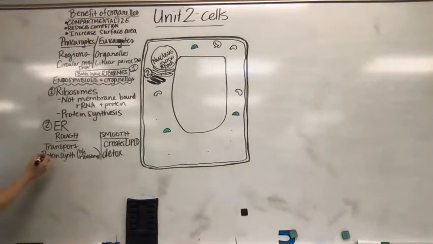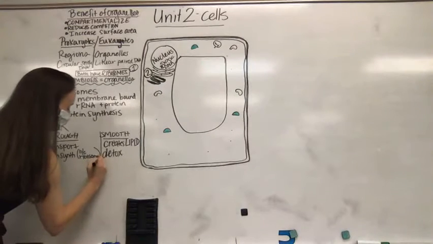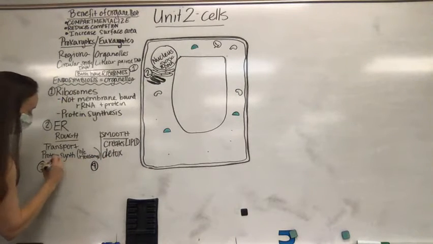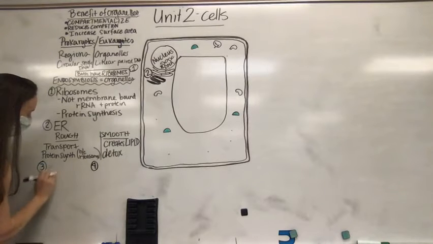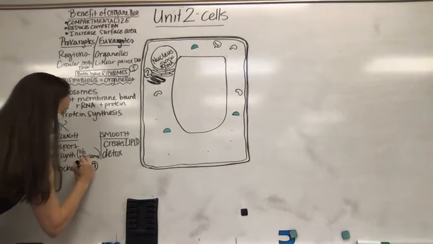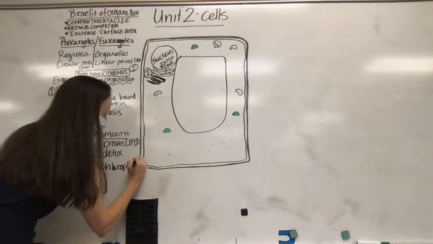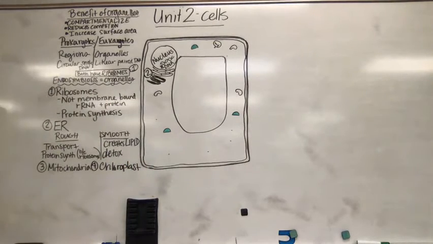Okay, so number 3 and 4, I'm going to put side by side right here, because they are 2 energy ones. So let's do mitochondria first. That's just how I have it on my list. Mitochondria and chloroplast. So mitochondria and chloroplast have something in common.